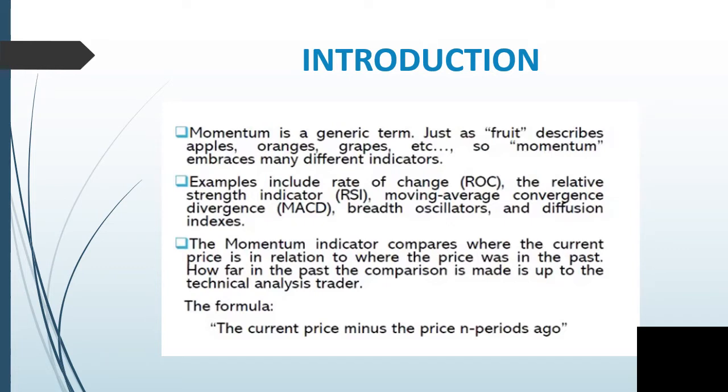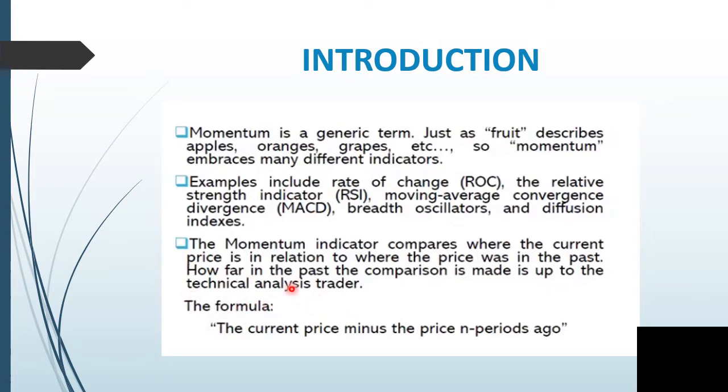All right. The momentum indicator compares where the current price is in relation to where the price was in the past. How far in the past the comparison is made is up to the technical analysis trader.